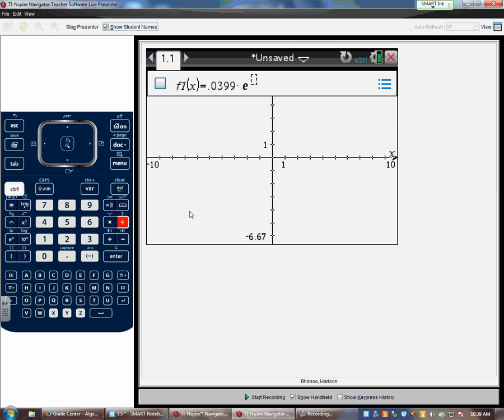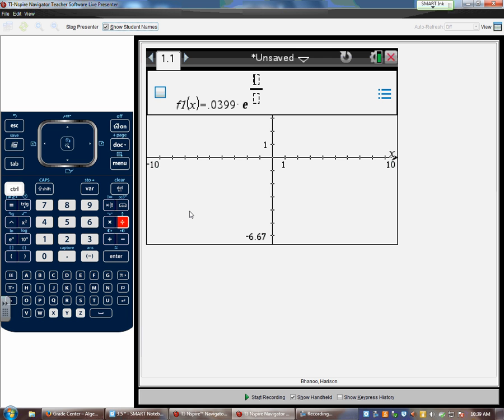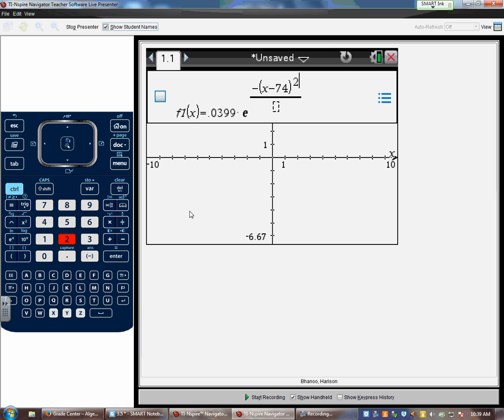We want the opposite of, left parenthesis, x minus 74, right parenthesis, squared. Everybody's doing this on your own calculator. Now go down to the denominator, 114. Go ahead and graph this, push enter.